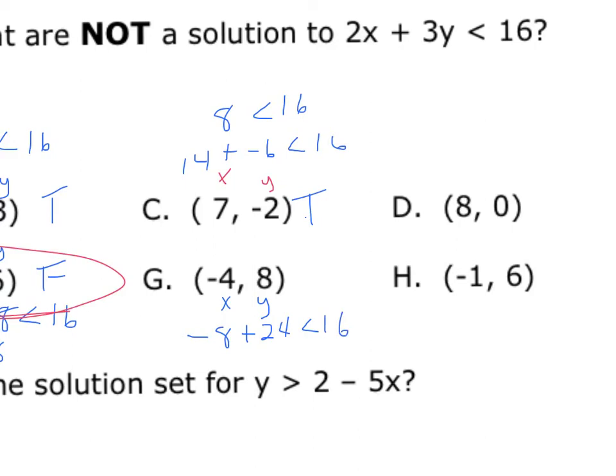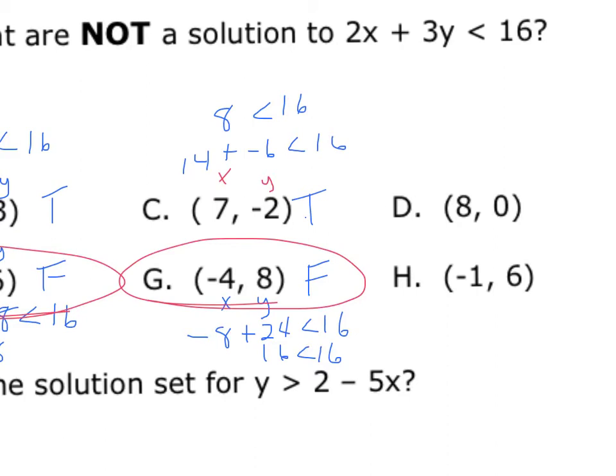Negative 8 plus 24 is 16. And is 16 less than 16? No, that's false. So they're equal to each other, not less than. So I'm going to write false. And we're looking for not a solution, or not true statements. So we'll circle that one.